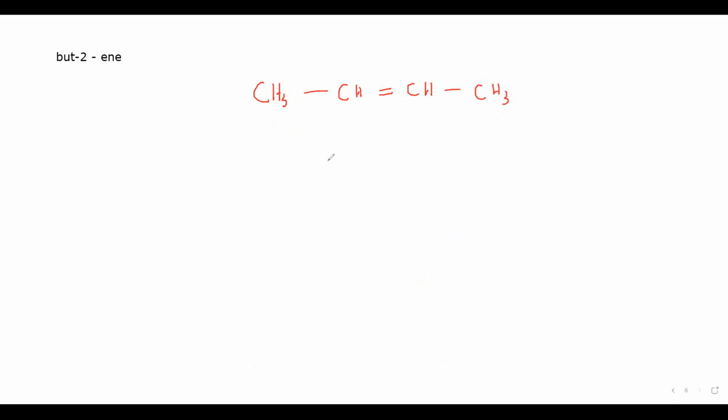Now, if I draw this in terms of the plane, how I'll represent the carbon-carbon double bond is there. These are the two carbons which have the double bond.